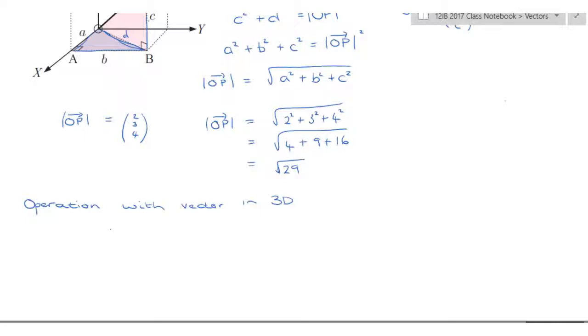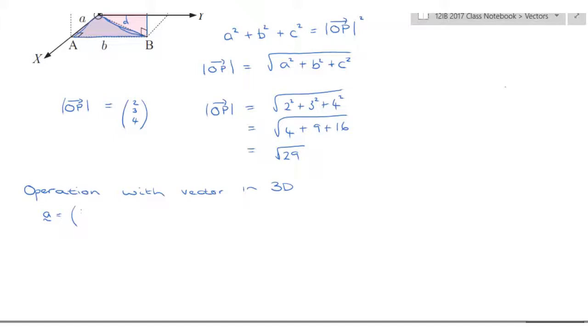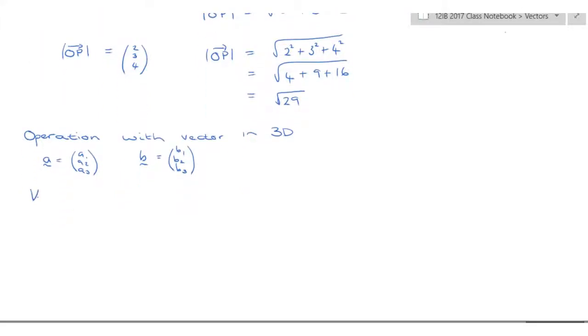If we have our vector a, which has a1, a2, a3, and our vector b, which is b1, b2, b3, then similar to 2 dimensions, the vectors are equal if a1 equals b1, a2 equals b2, and a3 equals b3.